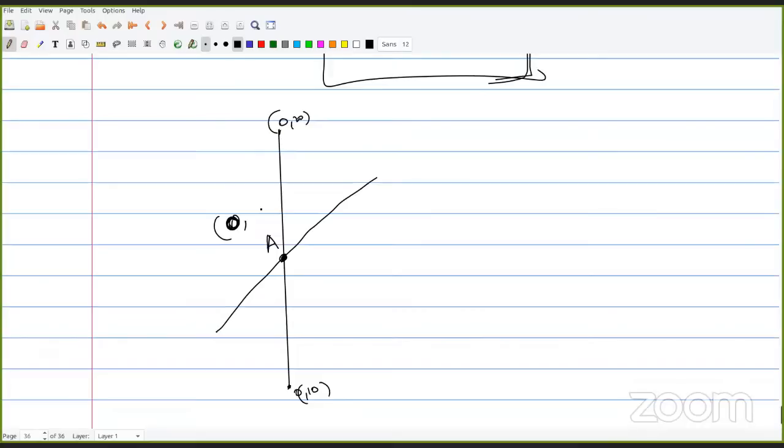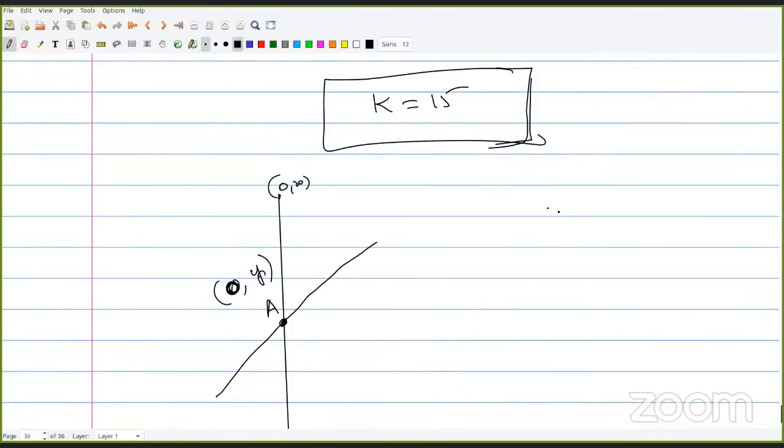Now we got the value of k, so r of x will be 0.05 into (x minus 1)(x minus 5)(x minus 10) plus 15. Now make x 0 and find the y coordinate, r of 0.